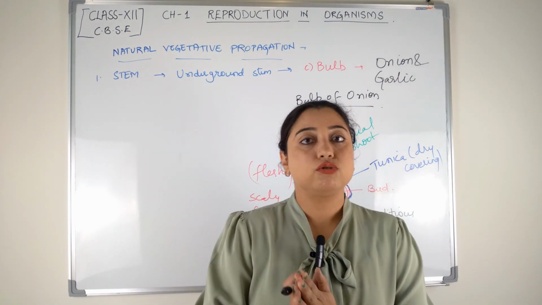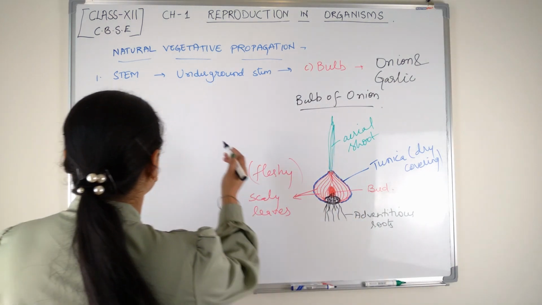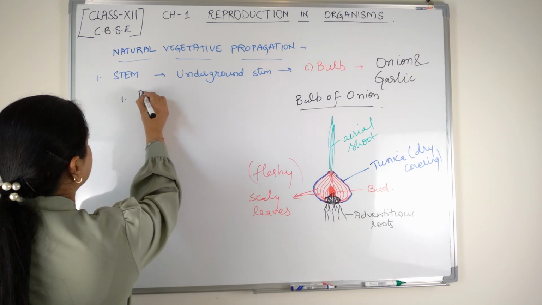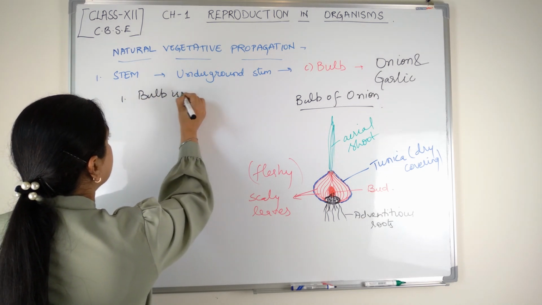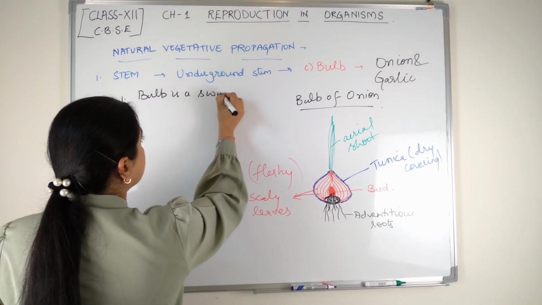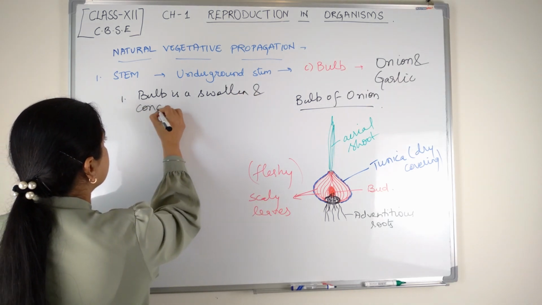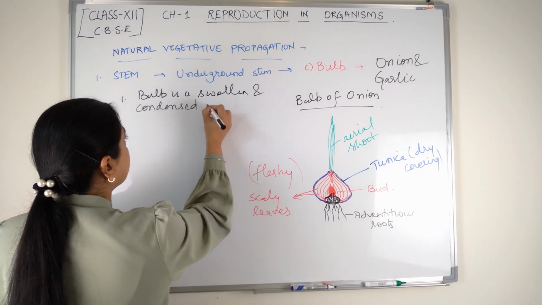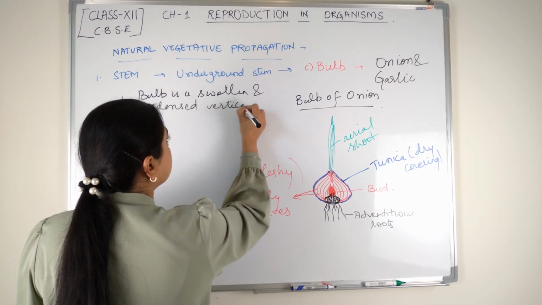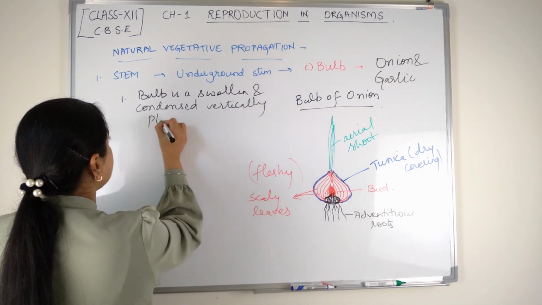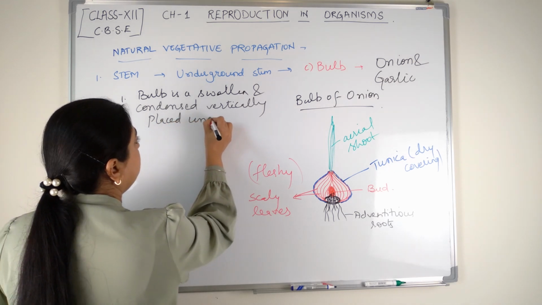Let's discuss the features of bulb of onion. First of all, the bulb is a swollen and condensed, vertically placed underground stem.